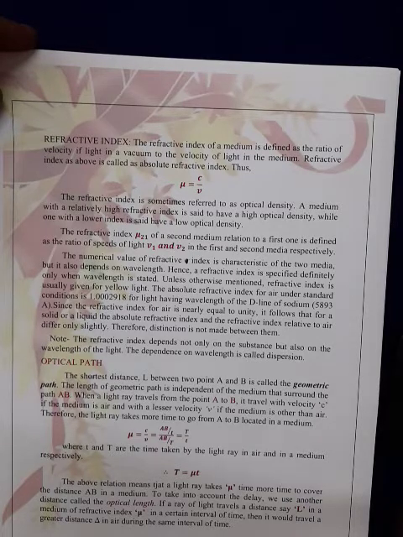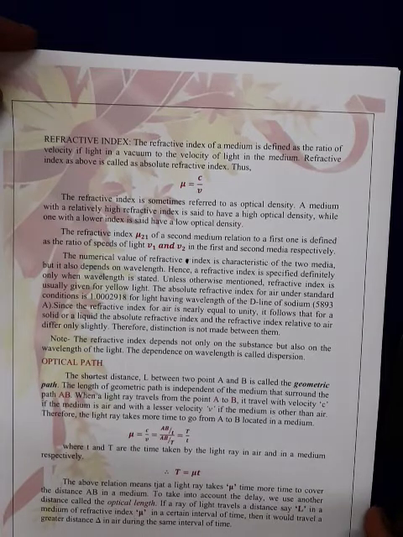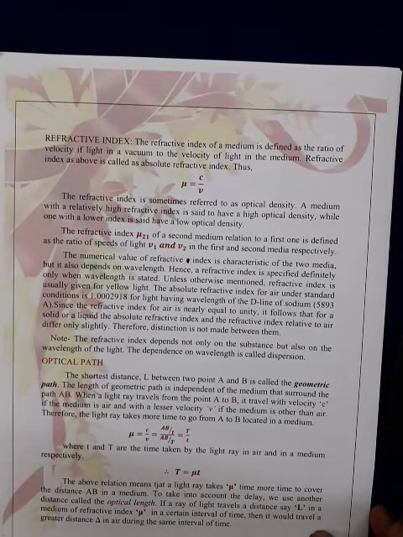Unless otherwise mentioned, the refractive index is usually given for yellow light. The absolute refractive index for air under standard conditions is 1.0002918, which we usually take as 1, for light of the sodium D line with a wavelength of 5893 Angstrom.